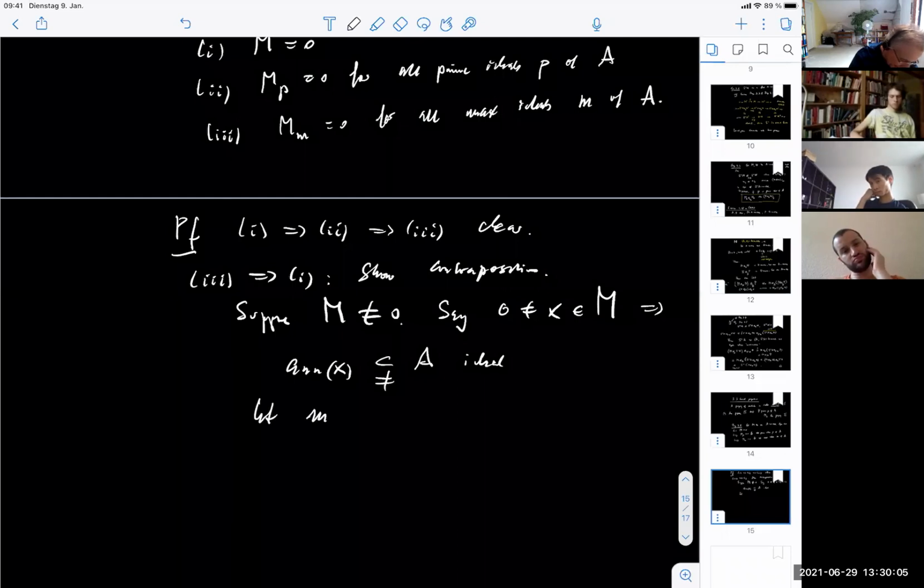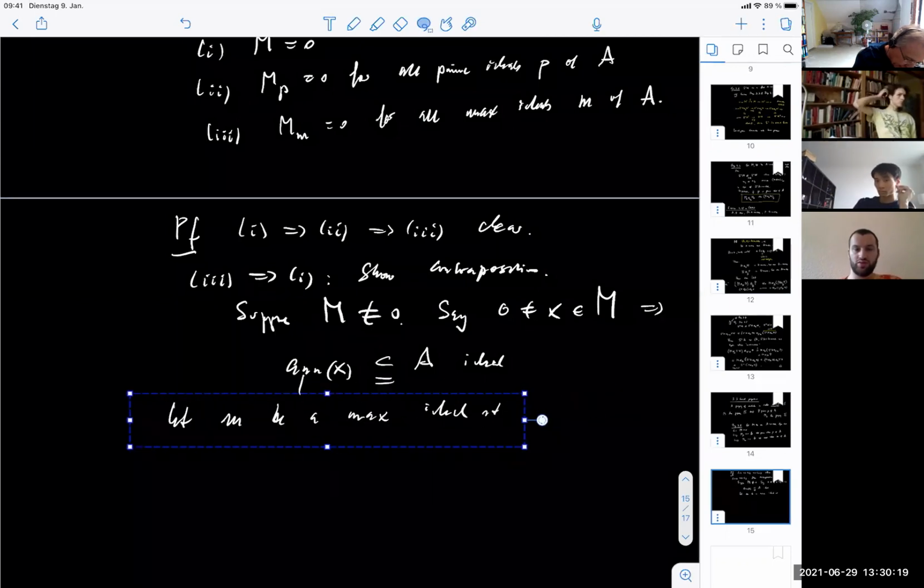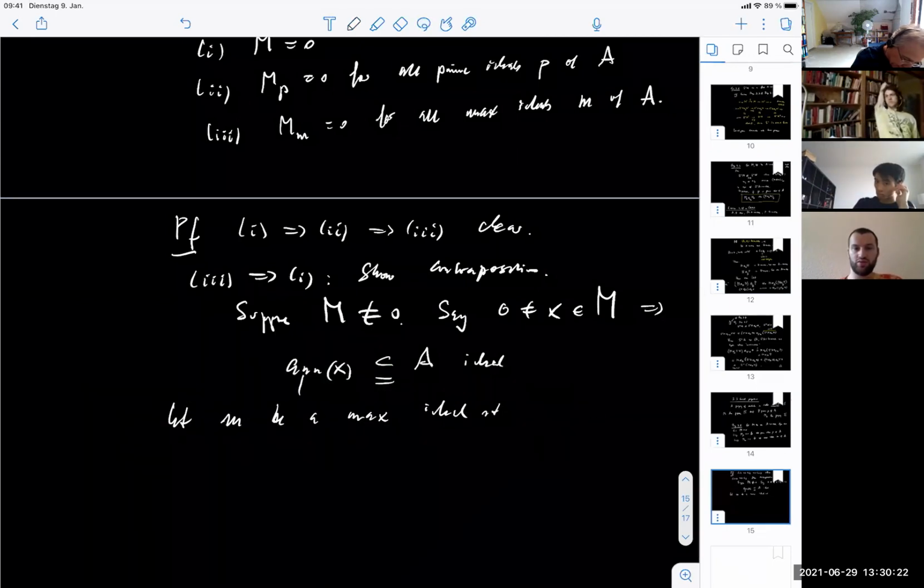Let m be a maximal ideal which contains the annihilator. Good, and this is my maximal ideal.